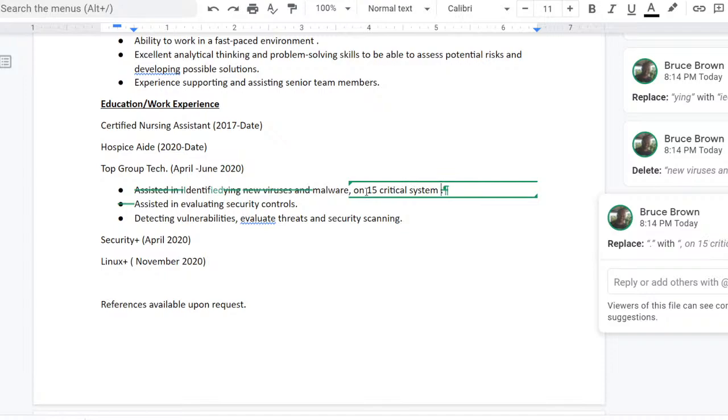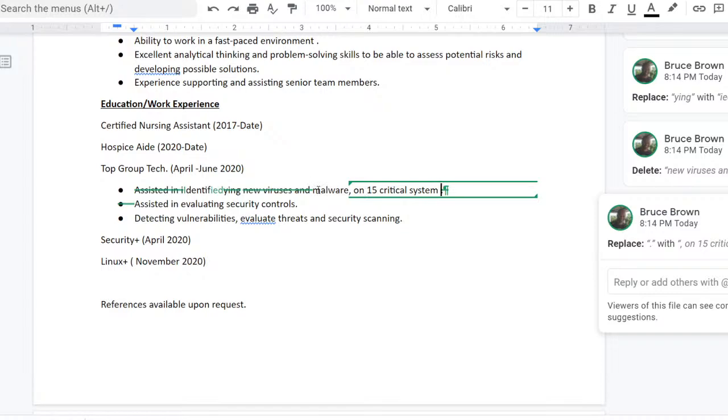I'll explain all this to her, I don't want her to lie on here, but I want to show her this is the kind of impact you want to see. You don't want a bullet that doesn't explain what's going on. You want to go into details to show that you understand how to find malware.